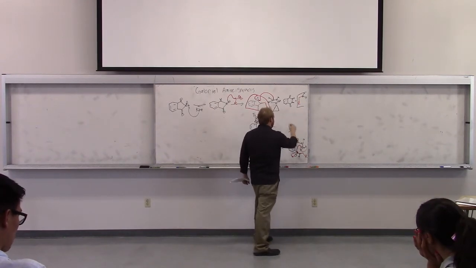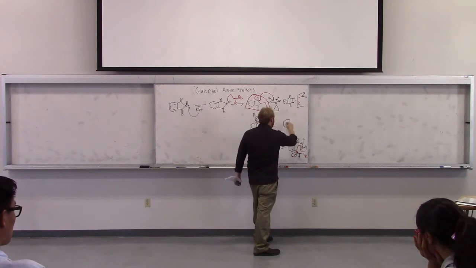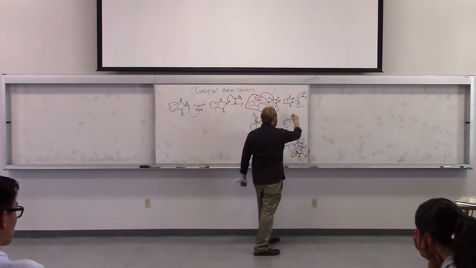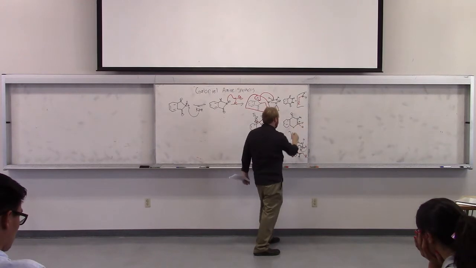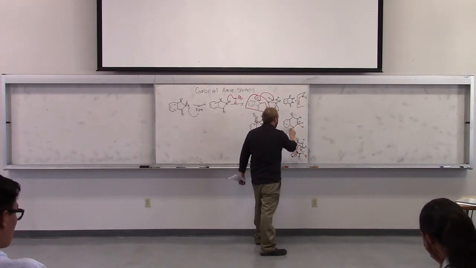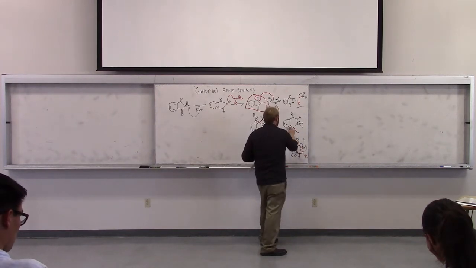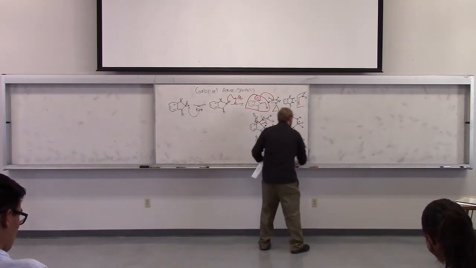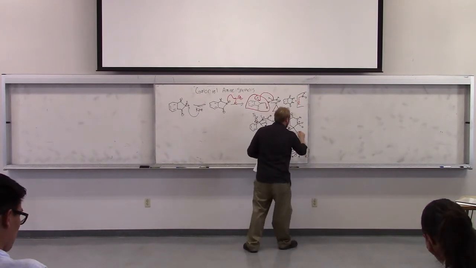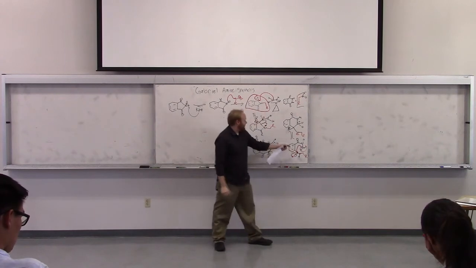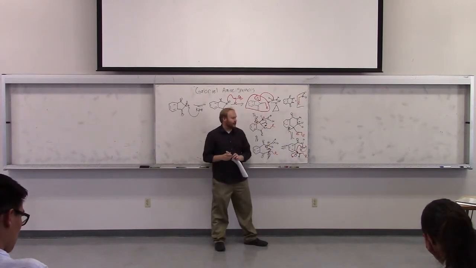Well, let me draw the tetrahedral intermediate because you guys like to see them, which is good. So the second amine is going to add in. It's going to give us a tetrahedral intermediate like this.